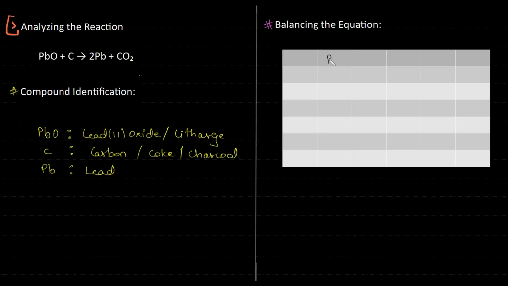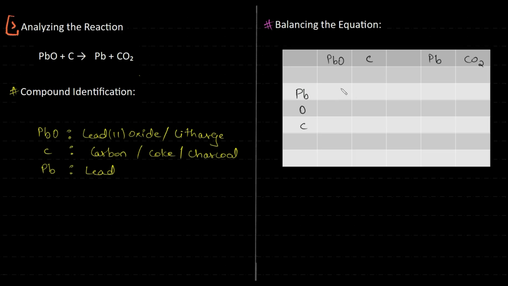So we have the reactants and the product. Then we are going to write lead, oxygen and carbon, the atoms that are involved in this reaction.